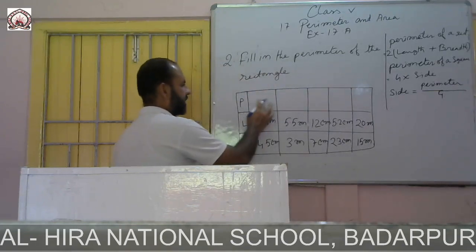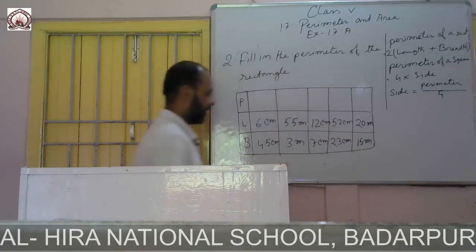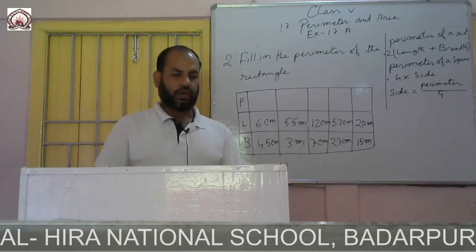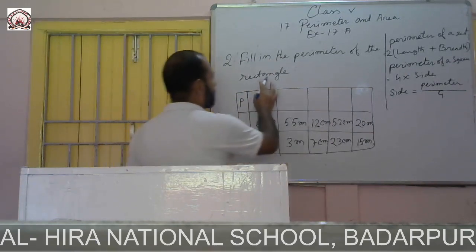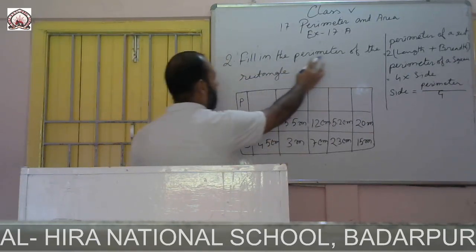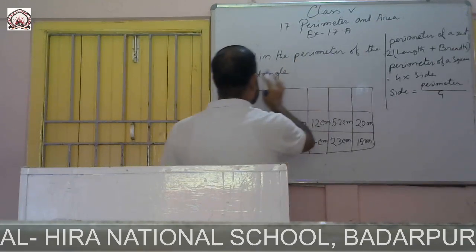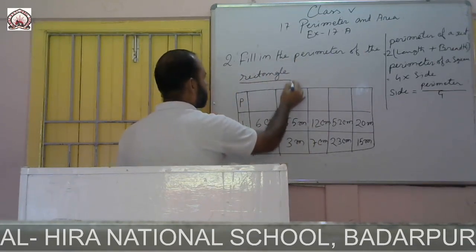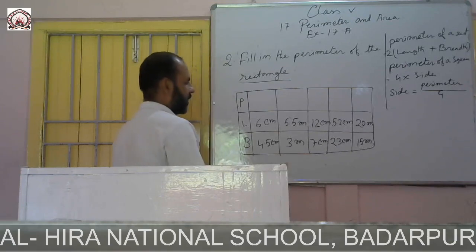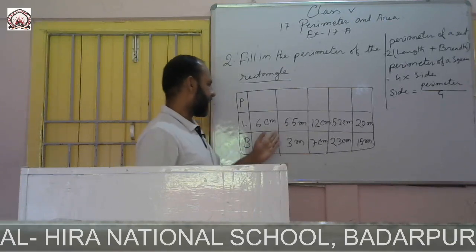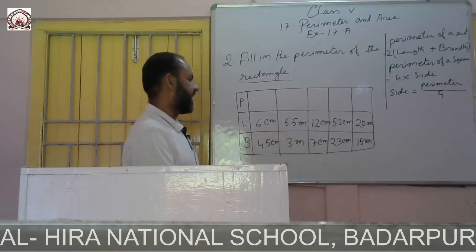Now we fill the perimeter. So fill in the perimeter of the rectangle. So we know all the measurements of side length and breadth of a rectangle.